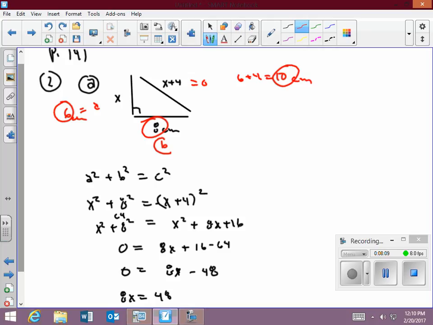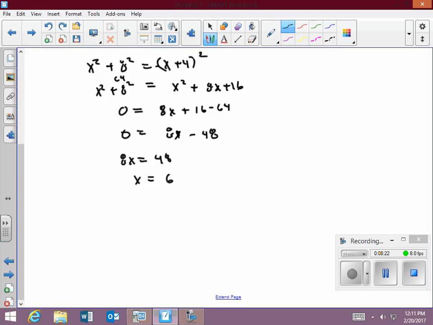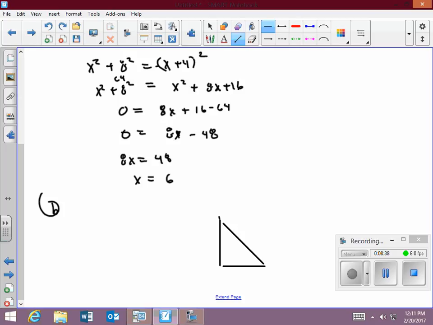And basically B is going to be the same kind of setup. This one's x and this one's x, and then this is 4, where you have a 90-degree angle.